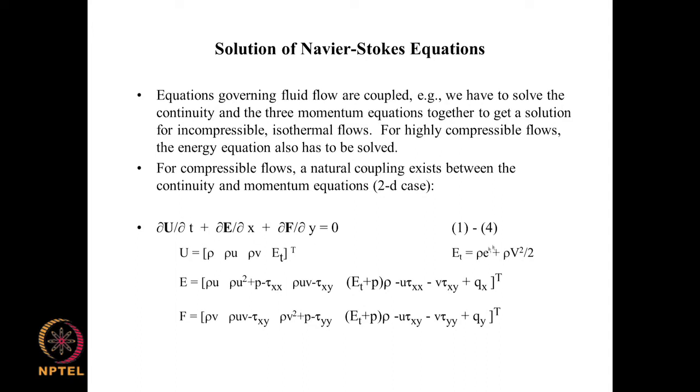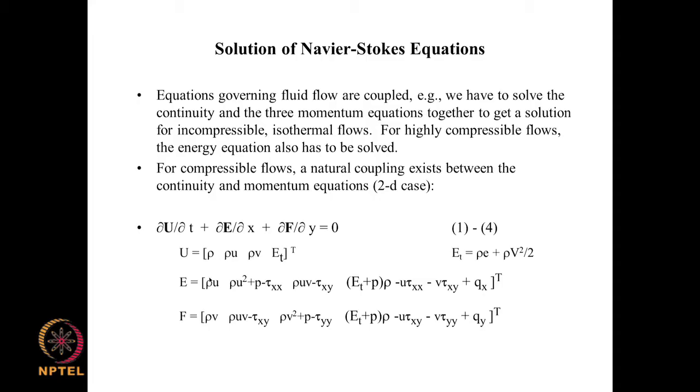So, this is a set of 4 equations representing the continuity equation, the x momentum conservation, y momentum conservation and the energy conservation equation. So, for each of those equations, U takes 4 different values, similarly E takes 4 different values, and in that sense this is written in a vector form.